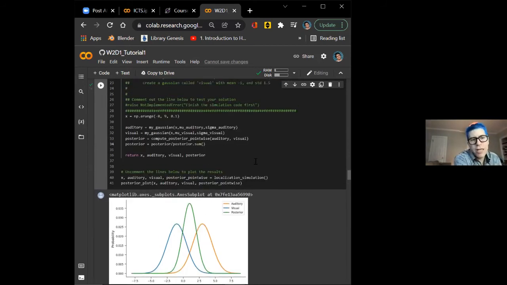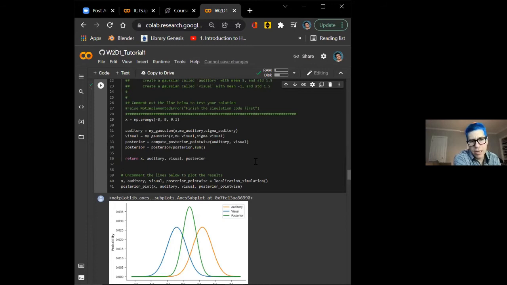No, it's calling the function that you defined earlier, because we didn't override it. Right, but when I'm implementing my Gaussian with x, mu auditory, sigma auditory, and mu visual, sigma visual, both cases should be the same, right? If you do it the same way, or you include the normalization within the my Gaussian function.